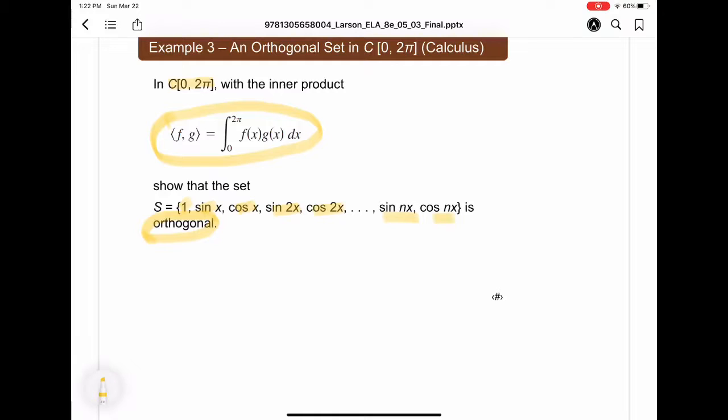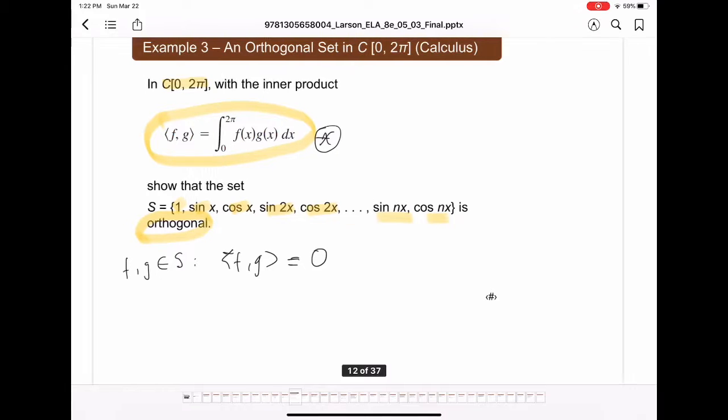That means we need to check that the inner product of any 2 functions in S is 0. So if you take f and g in S, the inner product of f and g should be 0. That's it, right? And of course, we need to use this definition.